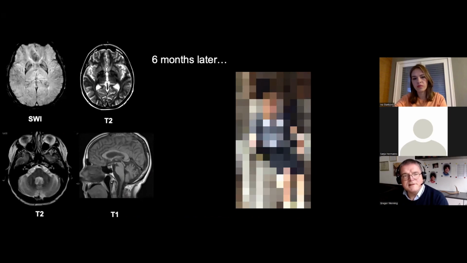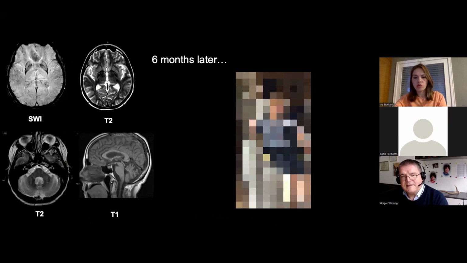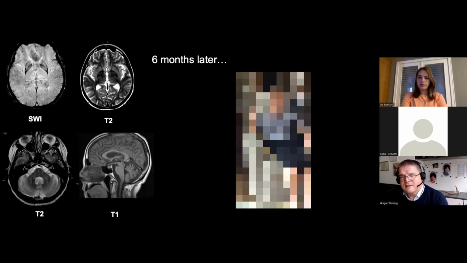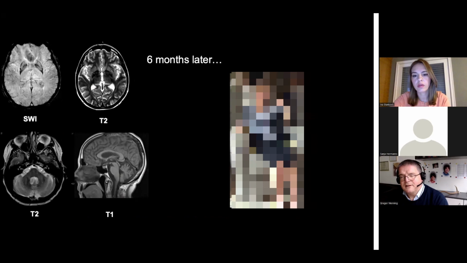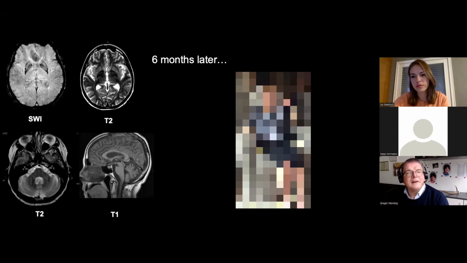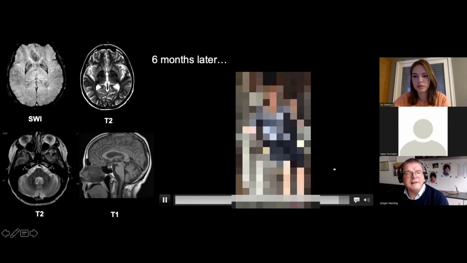Okay, so here you can see now, another 6 months later, she is sitting in her armchair. Mobility is more impaired even. And on this side here, MRI showing you the rim sign here, hypointensity in the posterior dorsolateral putamen.